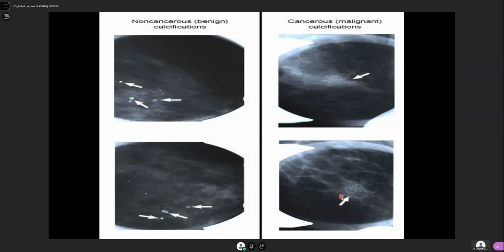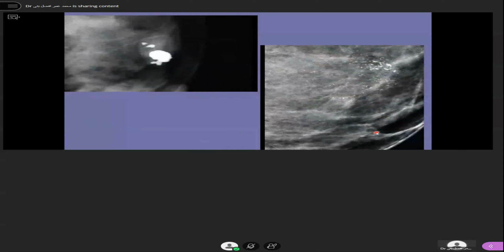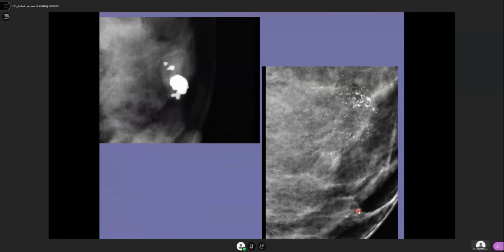Again here also you can see tiny specks of calcification, very small white dots. We have to confirm with biopsy, but we can label it as malignancy, and we have to perform biopsy in this kind of patient.